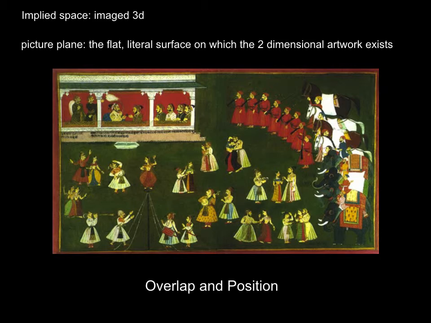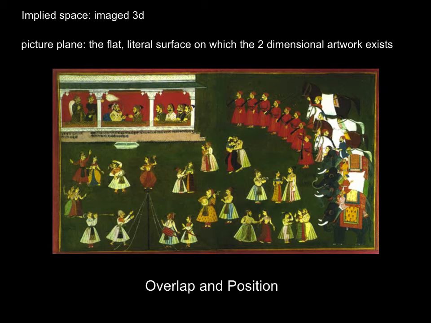It's difficult to tell, right? But we do probably think that these figures down here at the bottom are closest to us. There's a reason for this, and we perceive things that are lower on our picture plane to be closer to us, and things that are further towards the top as being further away from us.